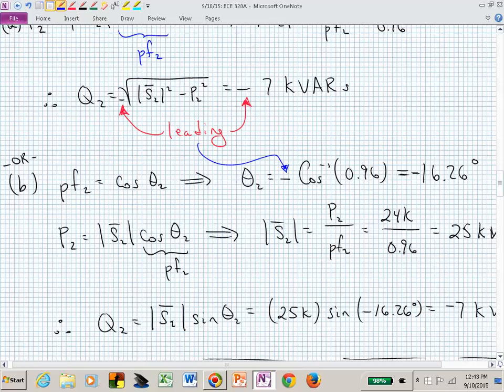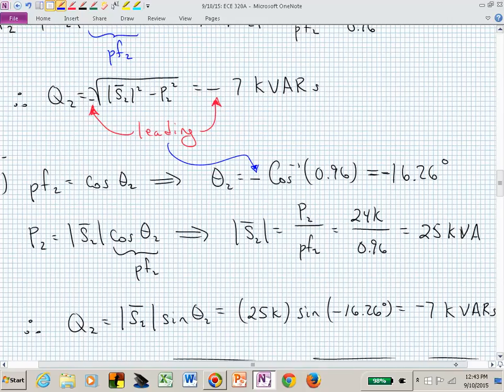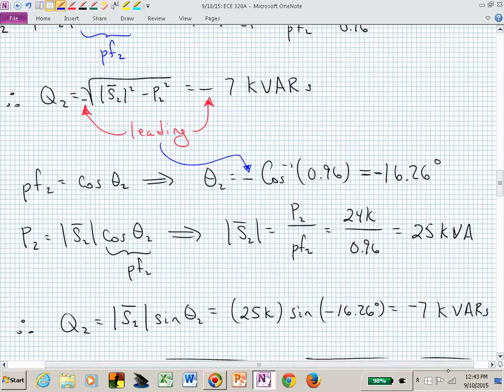We can then again find our hypotenuse value by dividing the real power by the power factor to obtain 25 kVA, and then Q sub 2. That's the problem with doing this before lecture, I don't know how my projector is going to scale my writing, so I didn't quite keep it in the correct width, but that now gives us, consistent with what we found the other way, minus 7 kilovars for Q sub 2.